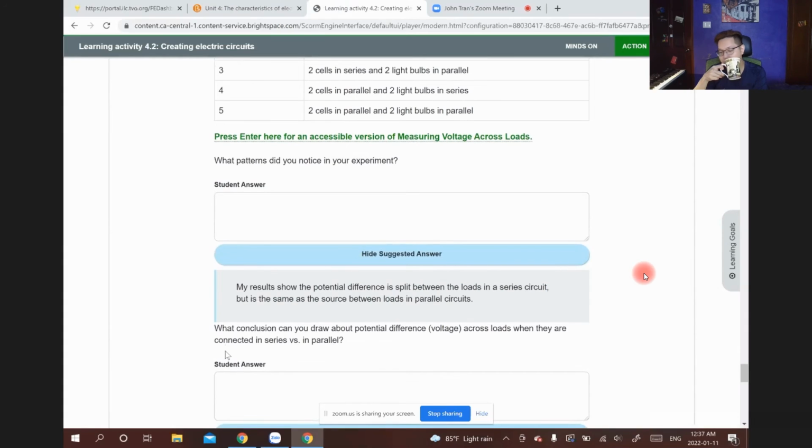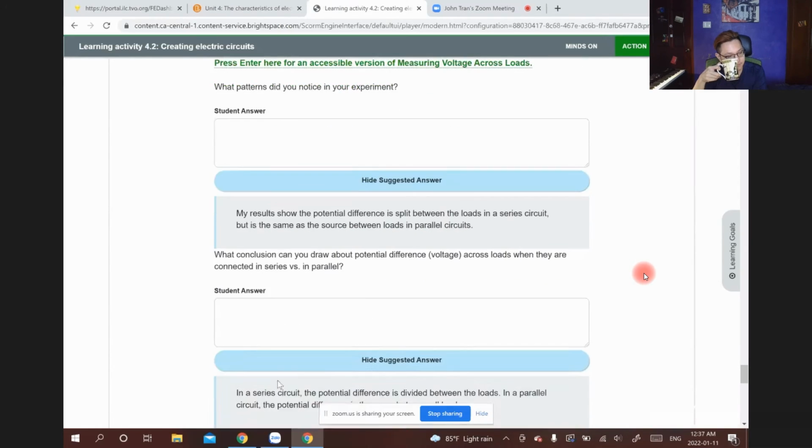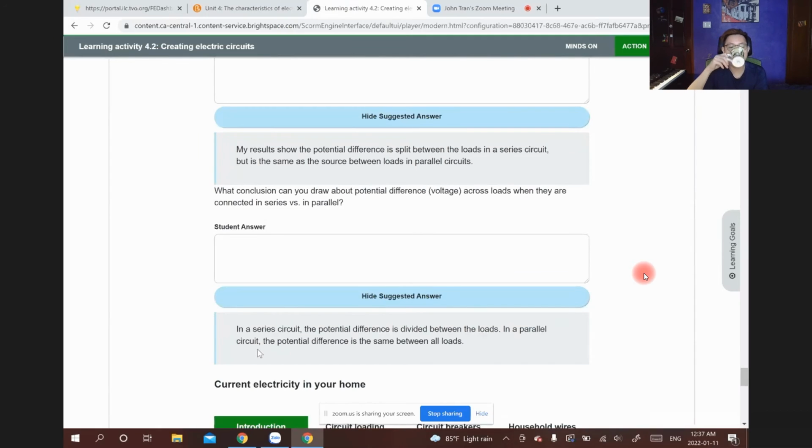What conclusion can you draw about the potential difference, voltage, across the loads when they are connected in series versus in parallel? In a series circuit, the potential difference is divided between the loads in the circuit. In a parallel circuit, the potential difference is the same across all loads.